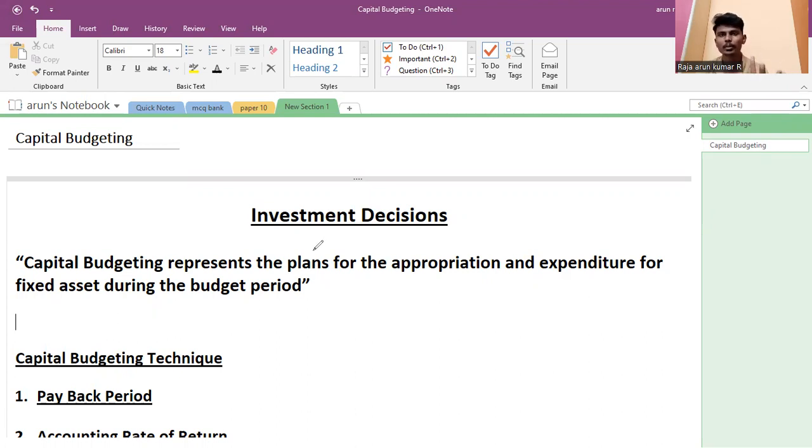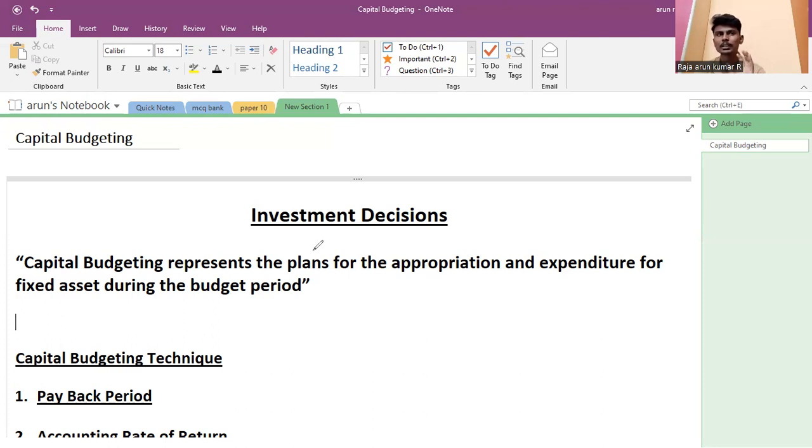Mostly investment means we put the investment in fixed assets, like machinery and plant; everything comes under fixed assets.